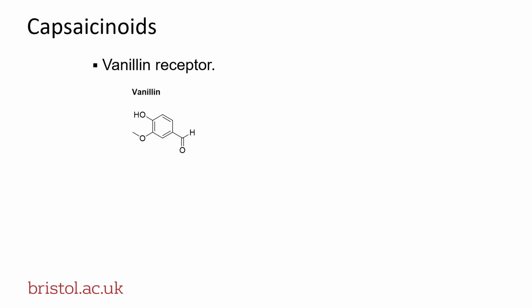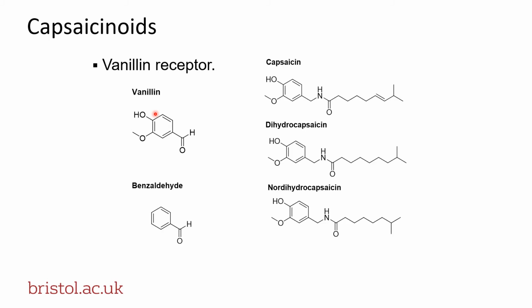The molecules found in chilies are together called the capsaicinoids. And the effect of heat and spice is considered to arise because they dock into an enzymatic structure that is actually the vanillin receptor. So we can compare the structure of vanillin with a range of different molecules.